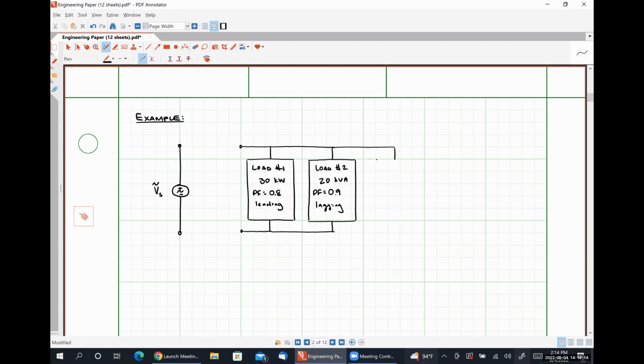And here's load number 3, which absorbs 10 kilowatts at a power factor of 0.8 lagging.